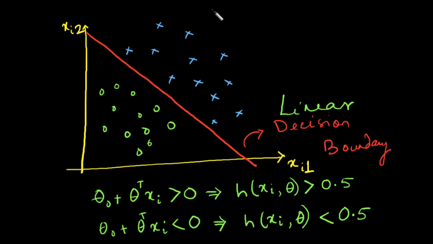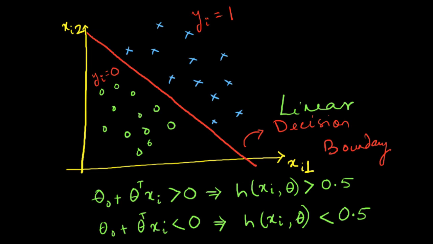So how would that change in the 2D case, for example? Here you see one feature xi1 and another feature xi2, and these are the points. Let's say for this point your yi is equal to 1, and for these points your yi is equal to 0.